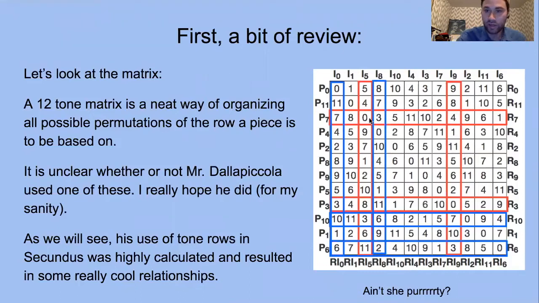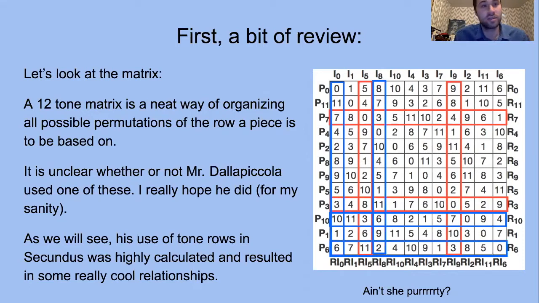And this over here is a 12-tone matrix. It essentially shows your original row and all possible permutations, transpositions, inversions of that row. And a 12-tone composer doesn't use every single row resultant in the matrix.